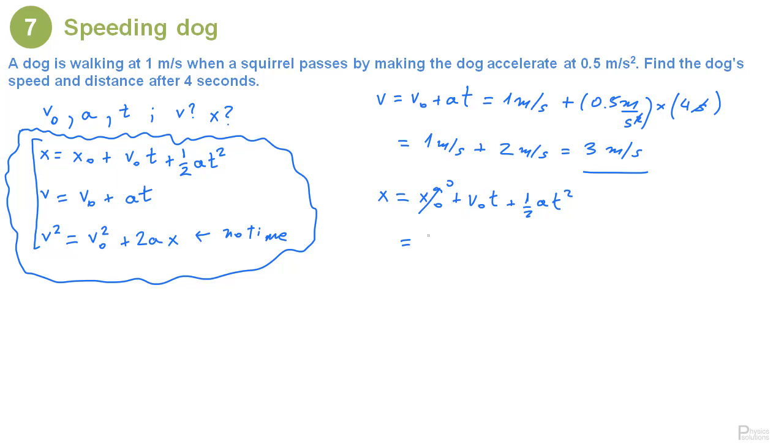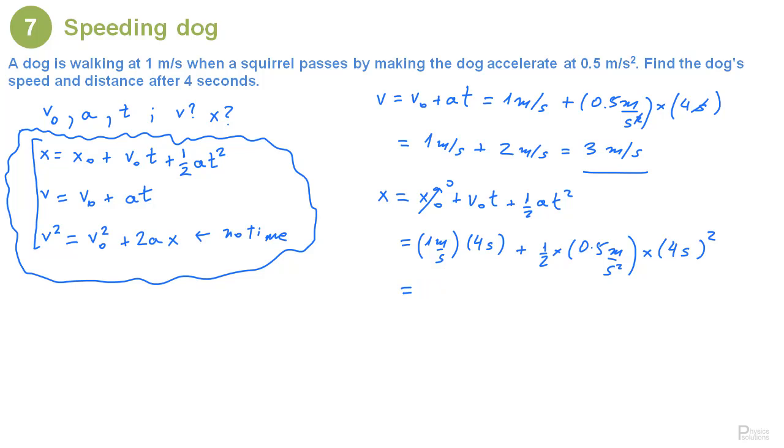The initial velocity we know is 1 meter per second times the time, that is 4 seconds, plus 1/2 times the acceleration, which is 0.5 meters per second square, times the time again, that is 4 seconds, everything here squared.